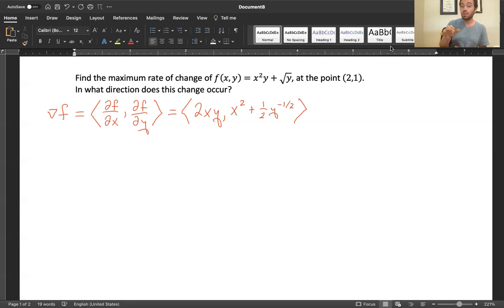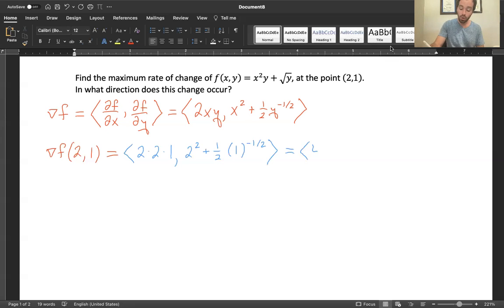All right, what we really need to find is the gradient at this point. So what is the gradient evaluated at (2, 1)? Now that we have the gradient as a function, we can put in the x's and the y's. So 2xy is going to be 2 times 2 times 1, and x squared will be 2 squared plus 1/2 times 1 to the negative 1/2. 2 times 2 times 1 is obviously 4.